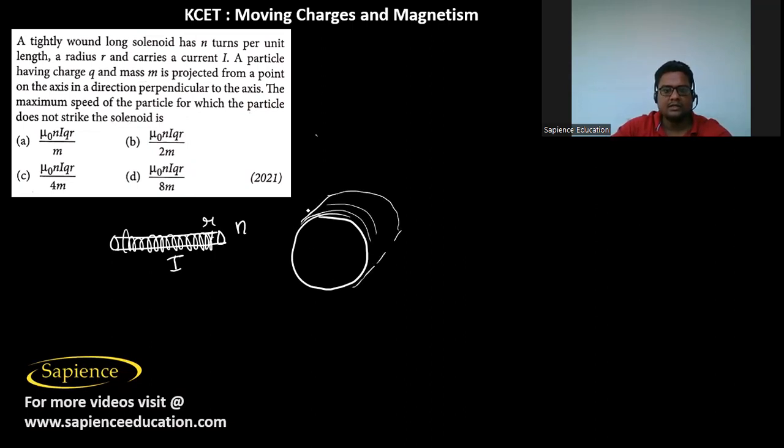A particle having charge q and mass m is projected from some point P on the axis. Here we have the axis of the solenoid.